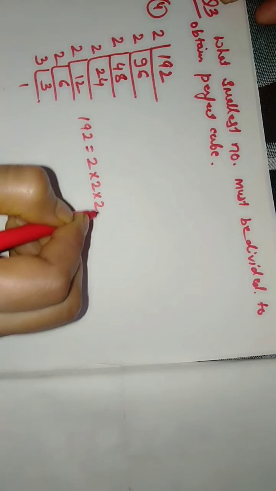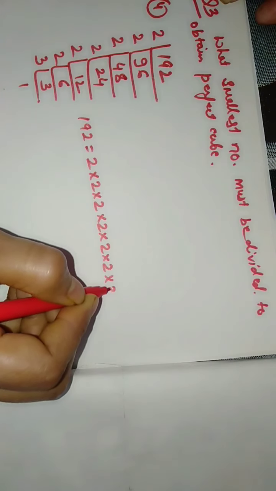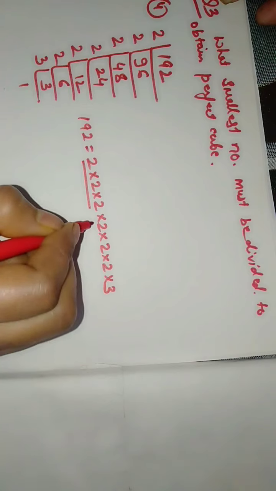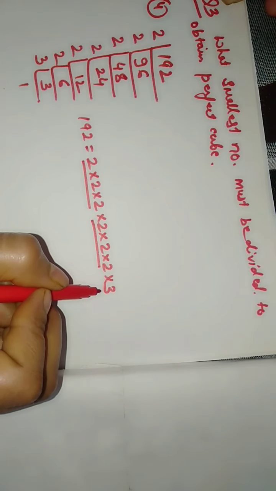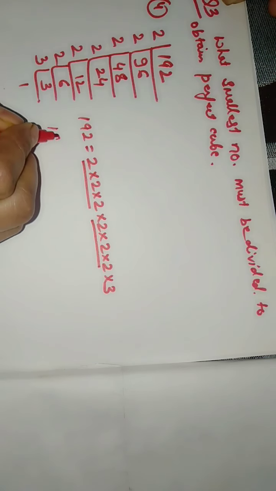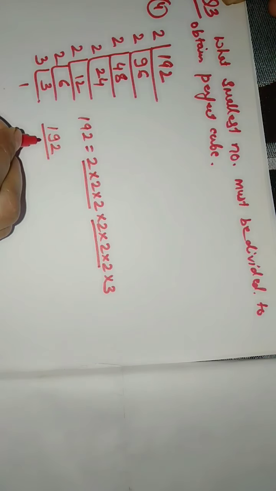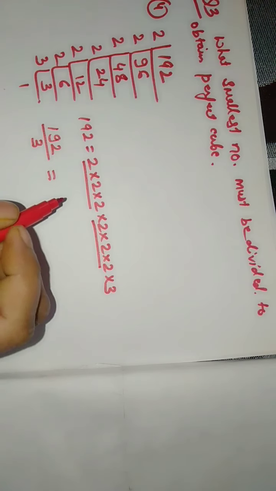Now 192 is written as the product of its factors 2 into 2 into 2, 2 into 2 into 2 into 3, and making the triplet. Now you can see that 3 is left. Now if this 3 is dividing 192, then it must be a perfect cube.